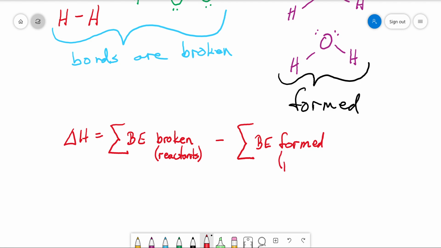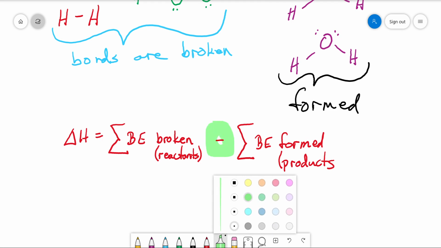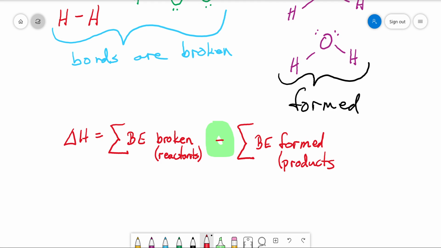And those are always going to be the products. And that minus sign right there is because the energies are opposite. Okay. When we break a bond, we have to put energy in and that's a positive. When we form bonds, the energy is released, and that gives us a negative.